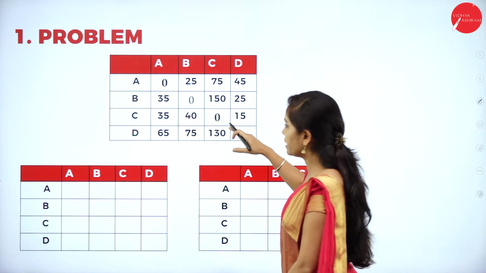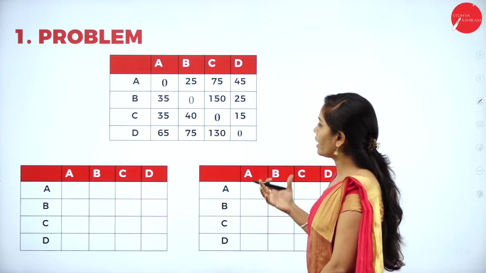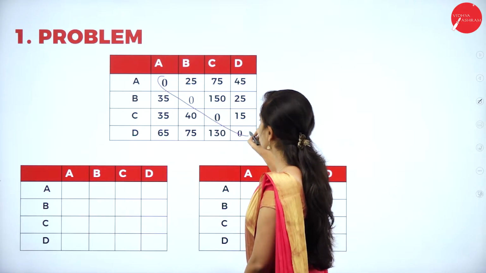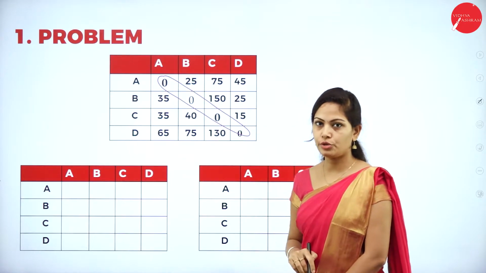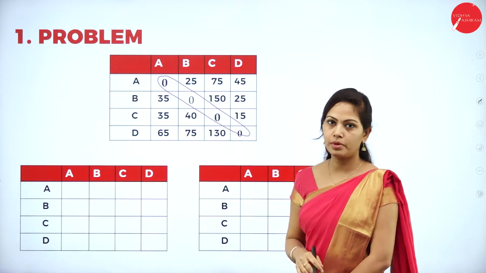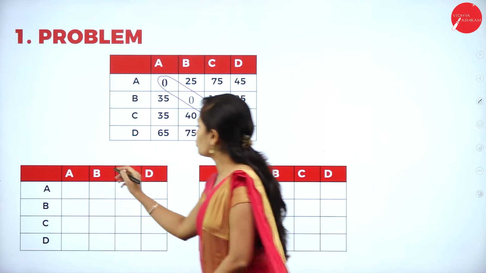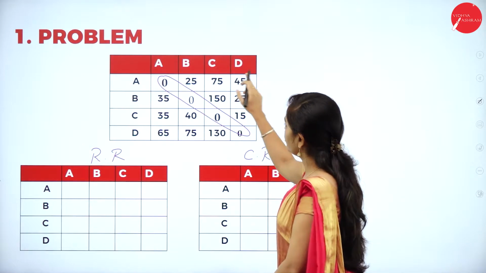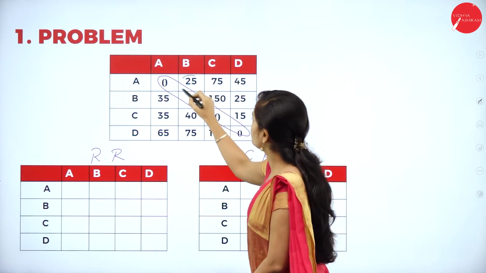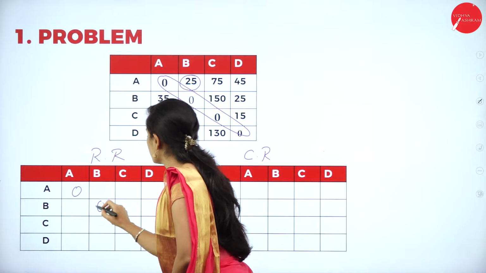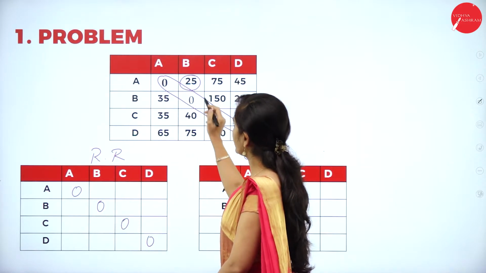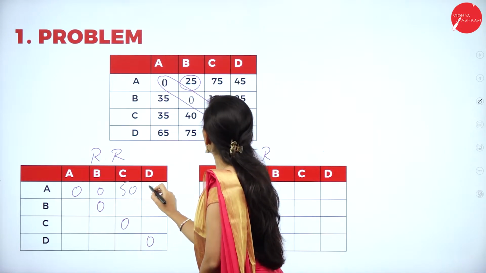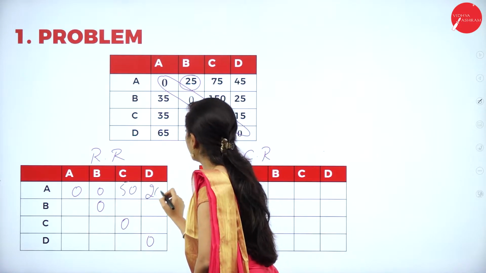Here in the diagonal, they will give the 0 value or infinity value. This diagonal matrix value is always infinite value in traveling salesman problem. First step is row reduction and column reduction. In first row, the least value is 25. Diagonal matrix value is same. 25 minus 25, 75 minus 25, 45 minus 25, it is 20.